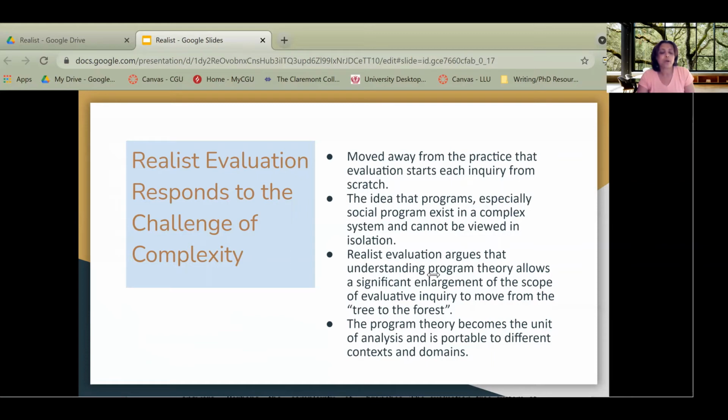The other important mode is termed from the one to the generic. The basic idea of battling complexity by testing out policy ideas in an ever-widening array of conditions and domains. Program theory becomes a unit of analysis and makes it easily portable to other domains.